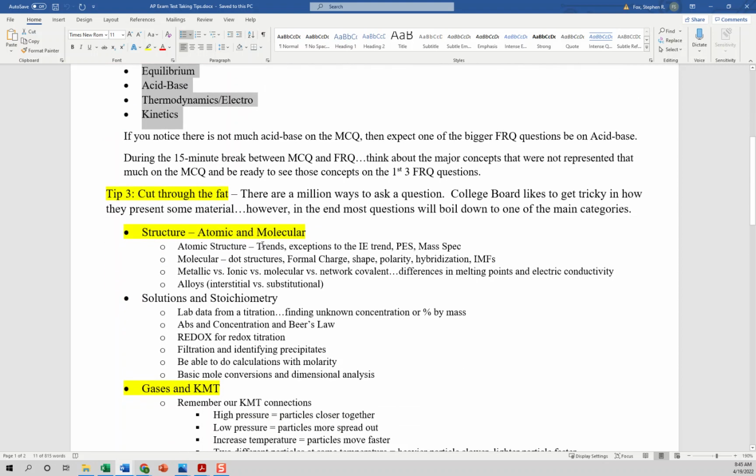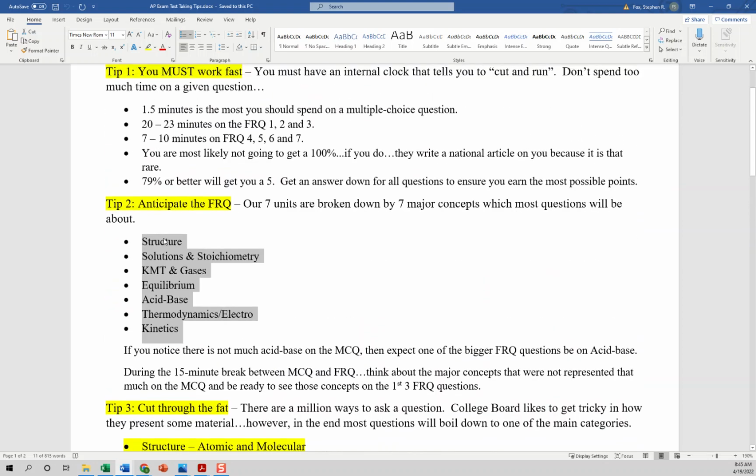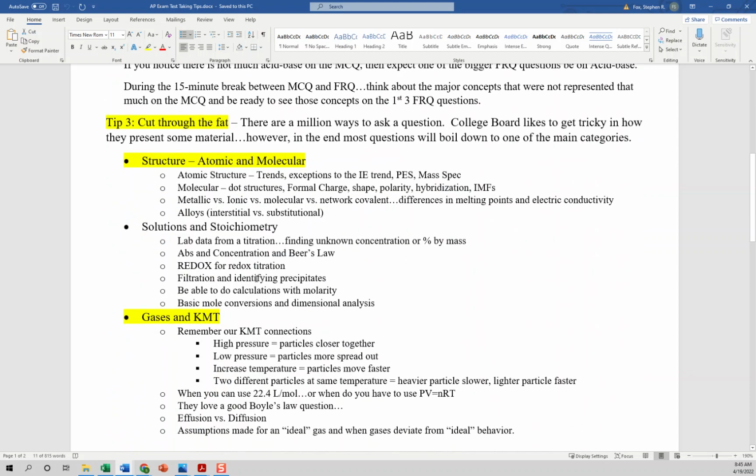So cut through the fat, okay? Here is what I did: I went into each of these topics and went through them, and the majority of the test is gonna fall under here. So if it's atomic or molecular structure, it's gonna be something in this category. Now there's a lot of stuff in there, but you know, hybridization, sp, sp2, sp3, sp3d, sp3d2, intermolecular forces.